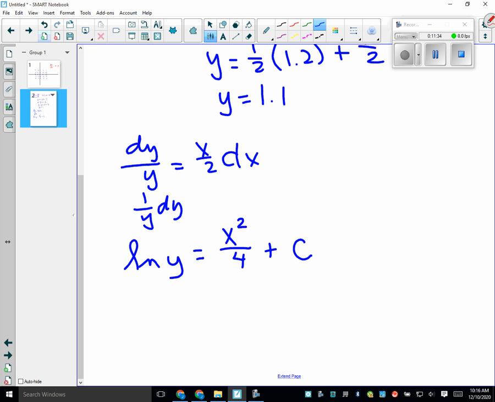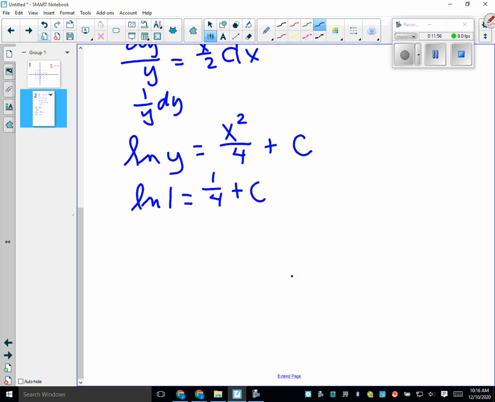How do I find c? Of what? 1, 1. Yes? So is ln of 1 equal to 1/4 plus c? What is ln of 1? So 0 equals 1/4 plus c.